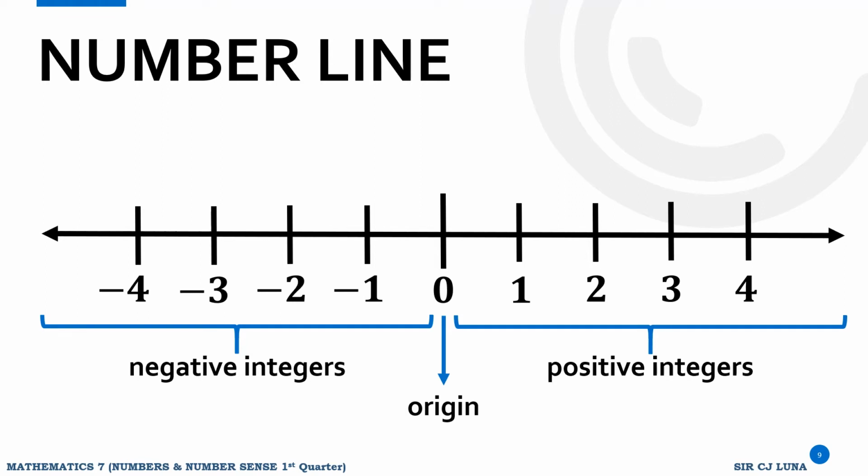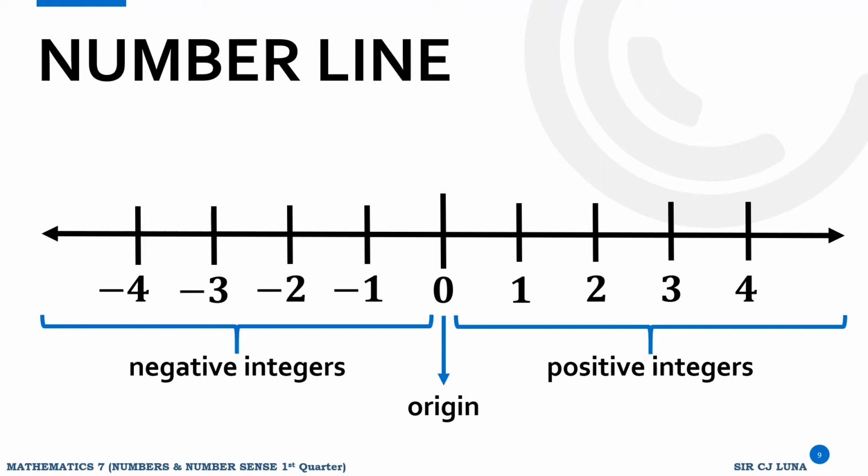Okay, and our number line has two arrows. It has two arrowheads. What does this arrowhead mean? These arrowheads show that our line goes to infinity in both directions. It can go to the left or to the right, positive or negative.